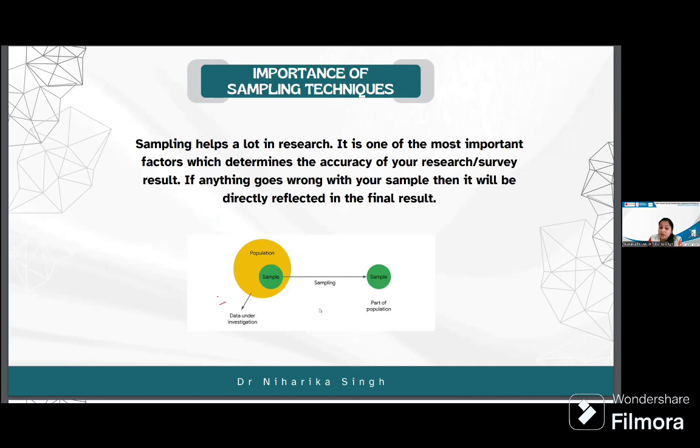Now, why is it important? It is important because it represents your whole population. We have to be extremely careful in determining and choosing our sample, because if we go wrong in choosing our sample, or the methodology used in choosing it, which is called the sampling technique, the accuracy of our result or the outcome of our research goes completely wrong.